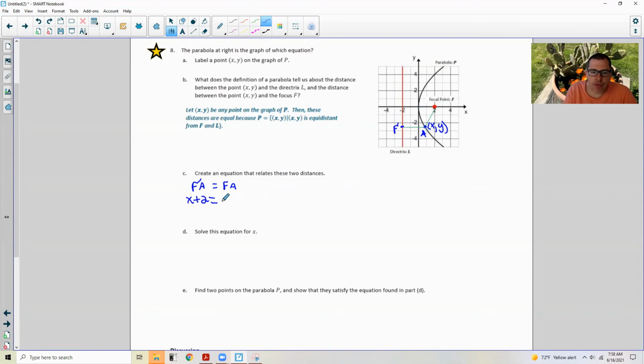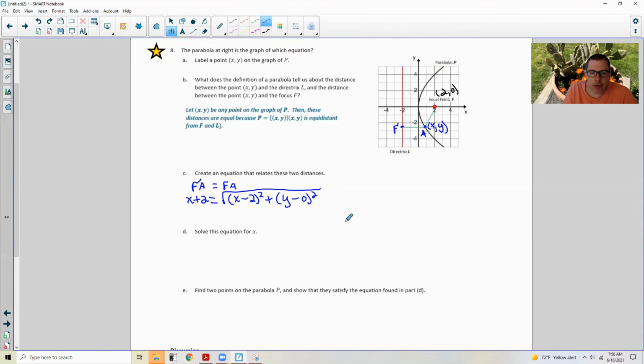Now we do the distance formula because we have a diagonal. The focal point is the point 2, 0. So I'll put that up here, 2, 0. That just makes it easier down here. So it's x2 minus x1 squared plus y2, which is y, minus y1 squared, which is 0.